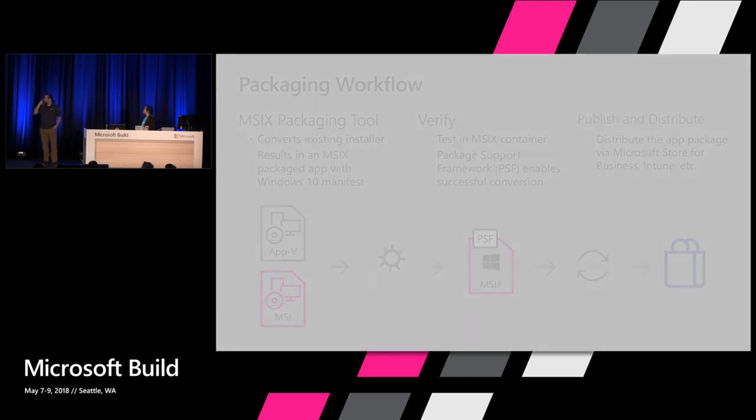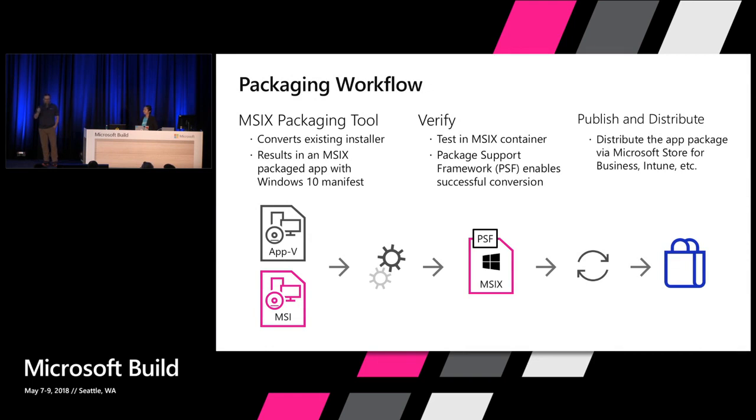So to summarize what we've seen here as a workflow for packaging, you start on the left side with whatever you have today. This could be an MSI, it could be an AppV package, it could just be a loose file Xcopy installer or a plain exe, whatever you have.